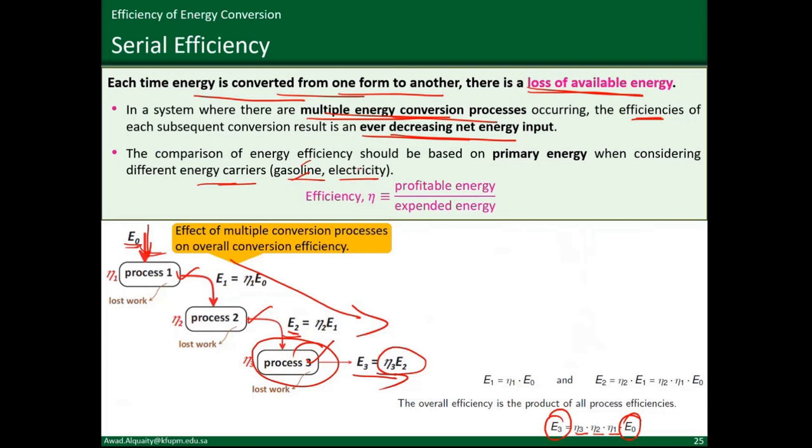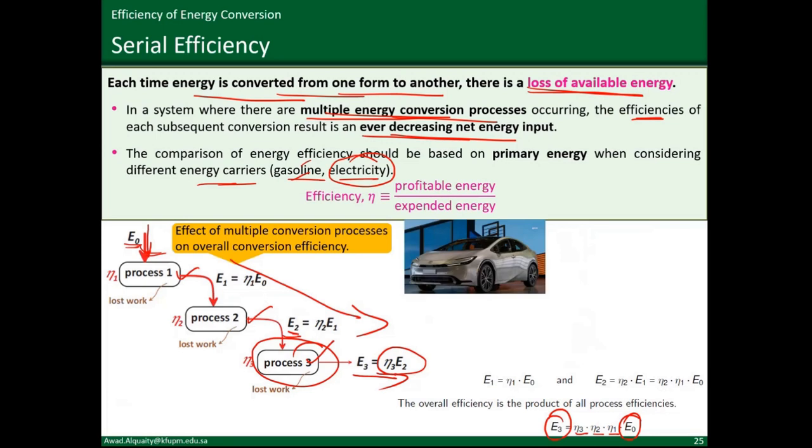Like for the bulbs we just saw, the efficiency of the LED bulb versus the efficiency of incandescent. Both of them had the exact same input, so you don't really have to bother. You look at device efficiency and you make your choice. But when you're looking at two different devices with different inputs, then you have to compute the serial efficiency. Okay, and I'll explain that with the help of an example.